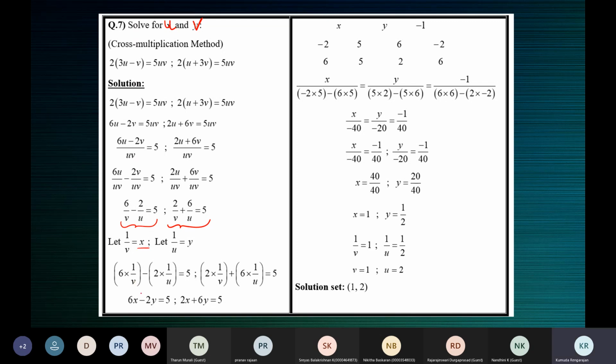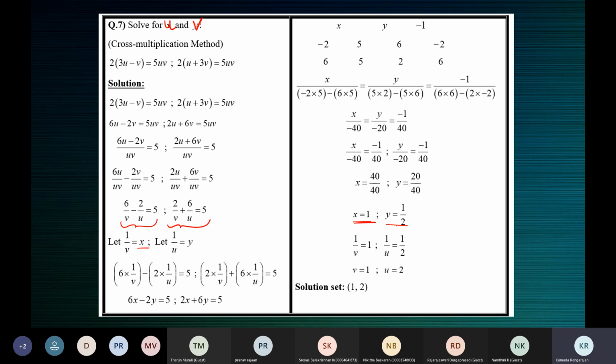So now I think from after this, you can see this and understand. Then the cross multiplication method, find the values of x and y. Once you find the values of x and y, see here x is 1 and y is 1 by 2.